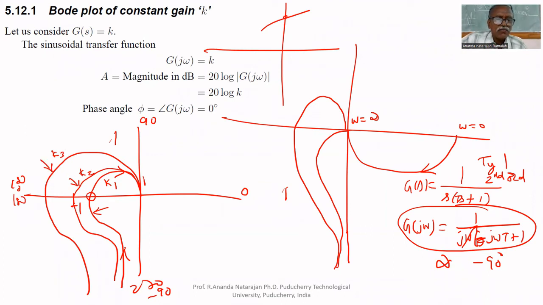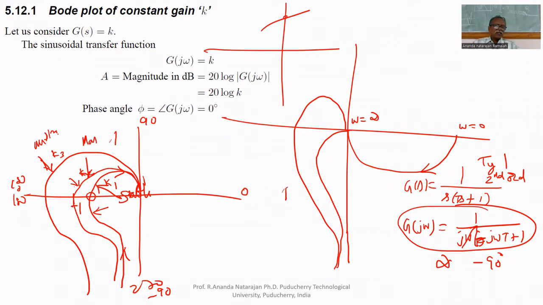Here, when k equals k max, it passes exactly through -1. When k is less than k max, it crosses 180 before -1. Therefore, this is stable. This is marginally stable. This is unstable, we can say.